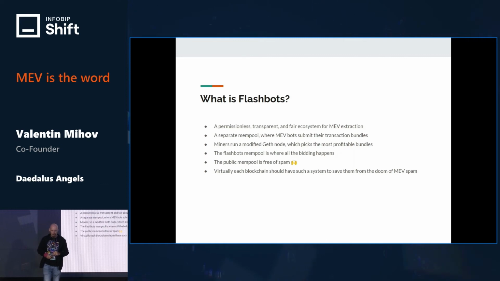So how did Flashbots manage to do that? Flashbots is an open source project. It's not part of the consensus or anything else. It's a fork of Geth, the node software that is used to run Ethereum nodes, and it allows external parties to submit so-called bundles of transactions that miners can include as one whole.